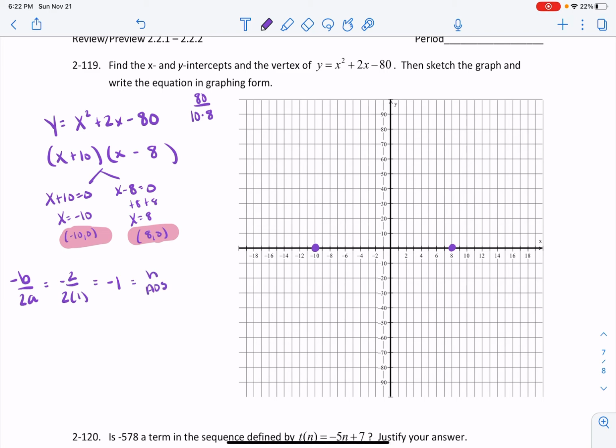So I'm going to put a dotted line there for now. Okay. And then we can plug that back into the equation. So that is equal to negative 81. So our vertex then would be negative 1, negative 81.